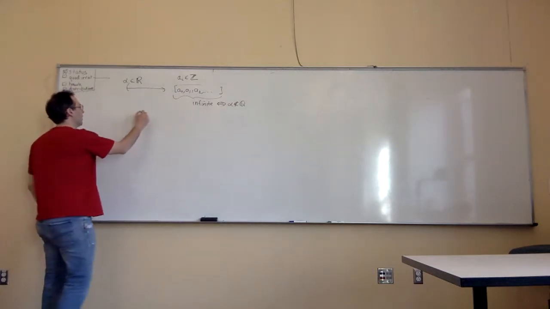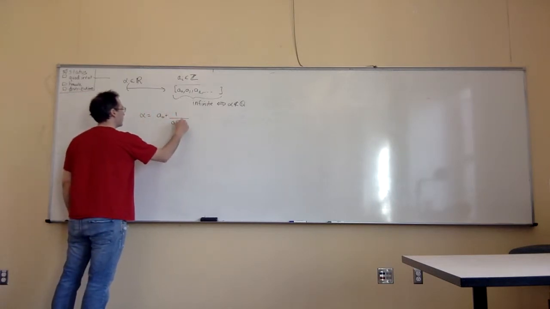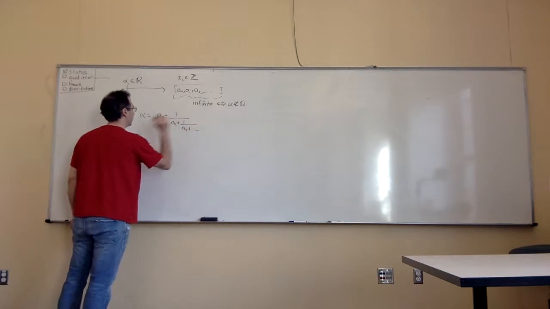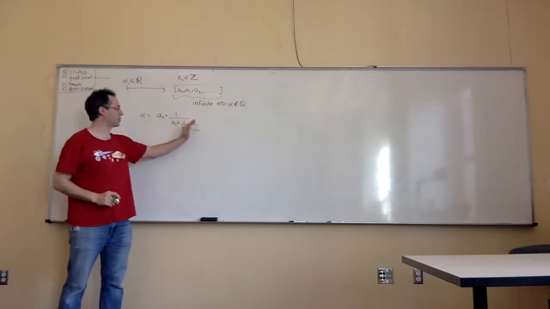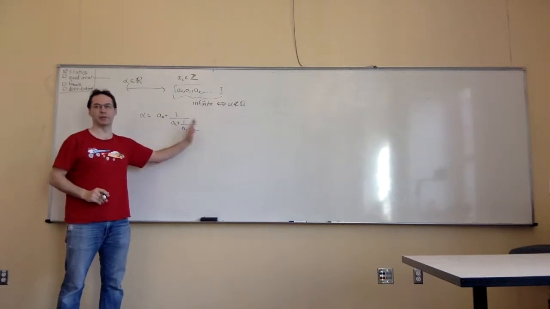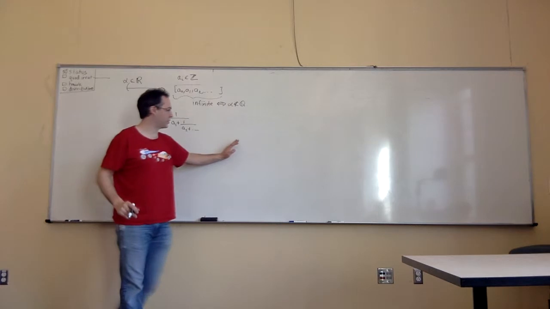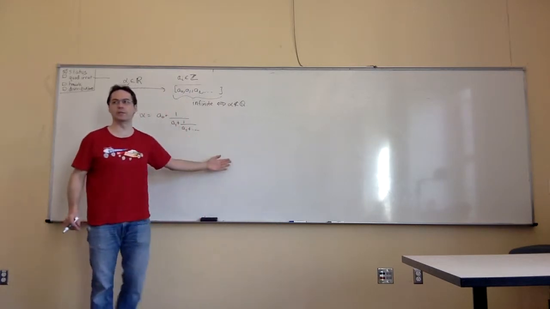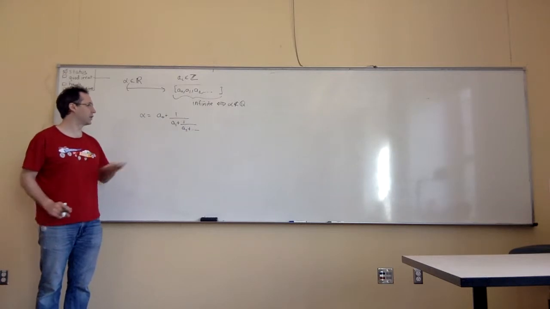That is, alpha is equal to a0 plus 1 over a1 plus 1 over a2 plus and so on. Again, the meaning of this is you truncate at some point, you get a rational number, and you keep truncating, and you get rational numbers that are closer and closer together, and you take the limit of that sequence, and it's equal to alpha. The way you construct the a sub i's is very straightforward.